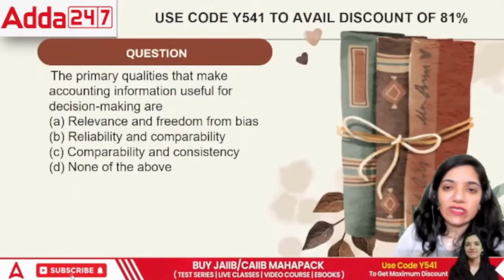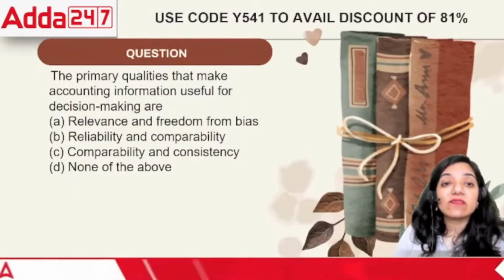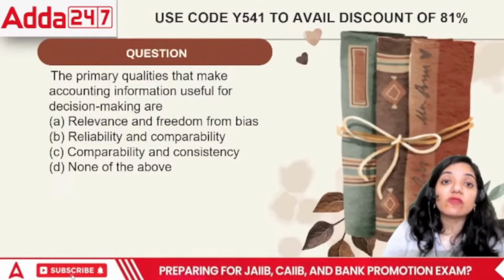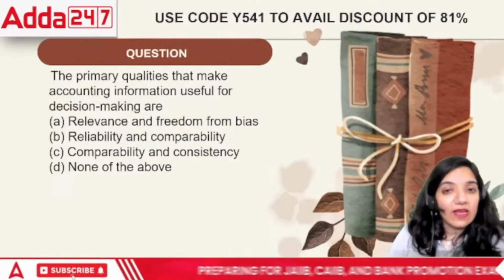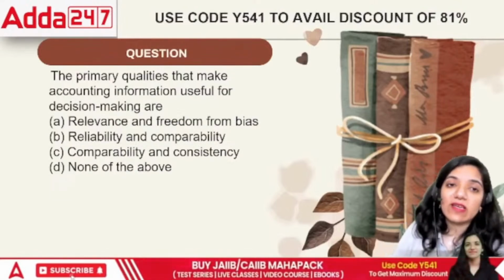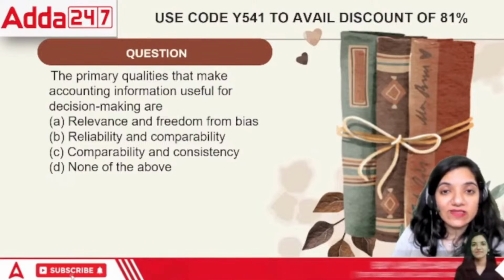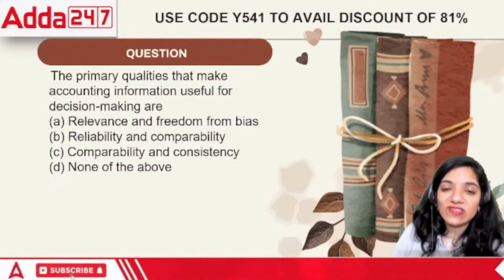The first question says the prime qualities that make accounting information useful for decision making are relevance and freedom from bias, reliability and comparability and consistency, or none of the above. What's the correct answer then?